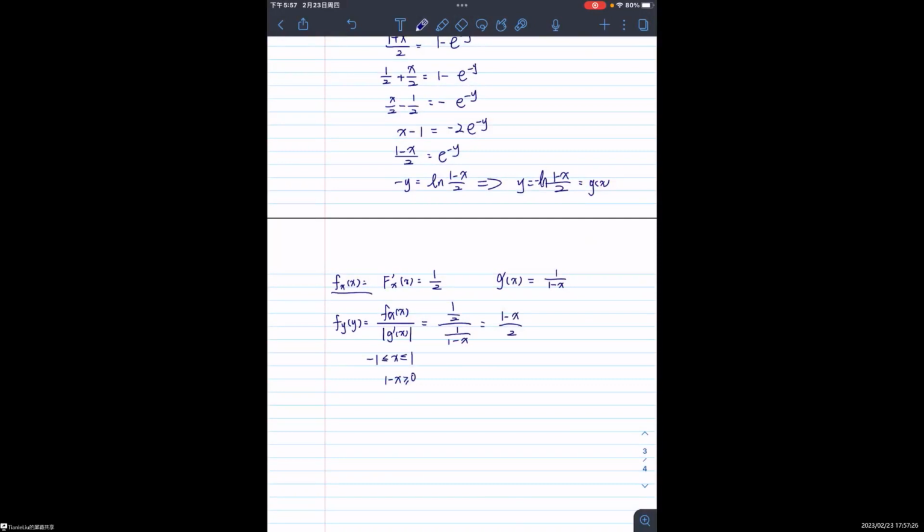And by the formula, we can get x equals 1 minus 2e to the power of negative y. Thus we can get this one: e to the negative y over 2, times e to the negative y, with the step function.